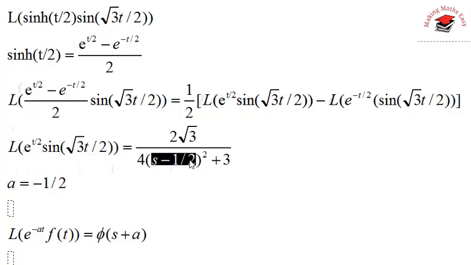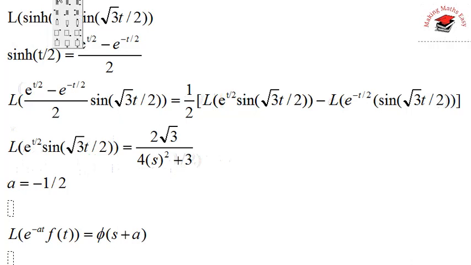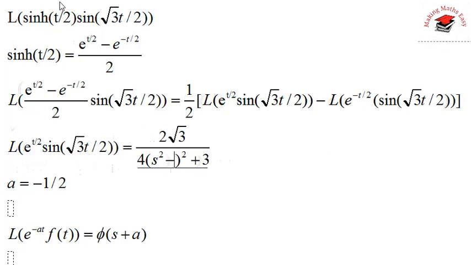This will become equal to s square, not plus, it will be a minus b, so a square minus 2ab, so minus 2 times 1 by 2 multiplied by s, which is equal to s, and again plus 1 by 2 the whole square. 1 by 2 square is equal to 1 by 4. So I will remove this square symbol.